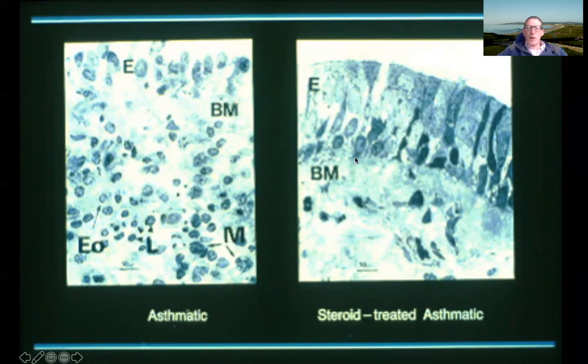It's now got normal mucosal architecture with a normal epithelium, basement membrane, and underneath it a much sparser inflammatory infiltrate. Now this is really important because the only drugs which have been shown to normalize bronchial mucosal architecture in asthma are the corticosteroids, and that's why the inhaled corticosteroids form the spine throughout the asthma guidelines.